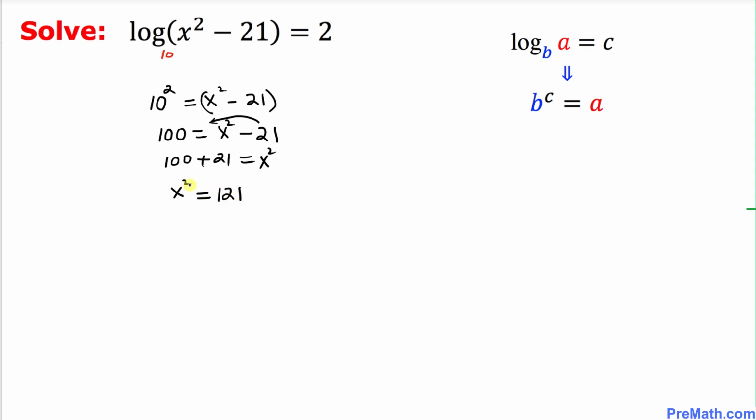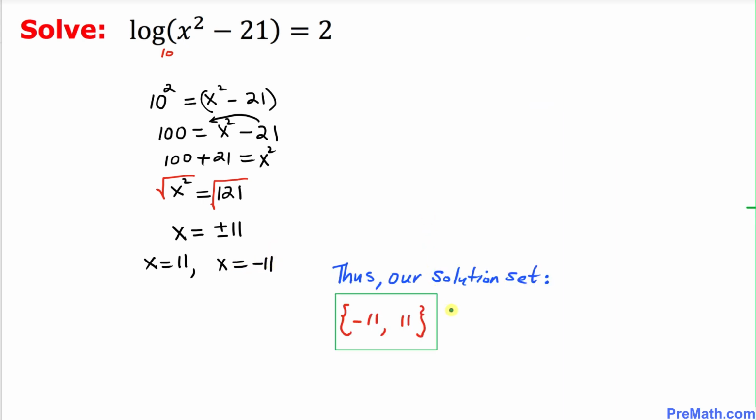And since I want to undo this square, I can take a square root on both sides. So on the left hand side we're going to have x equal to positive or negative 11. When we split these two signs, we're going to have x equal to positive 11 and x equal to negative 11, two solutions. And here is our final solution.